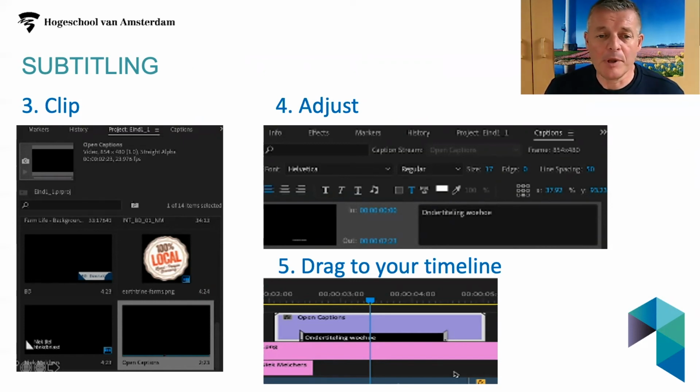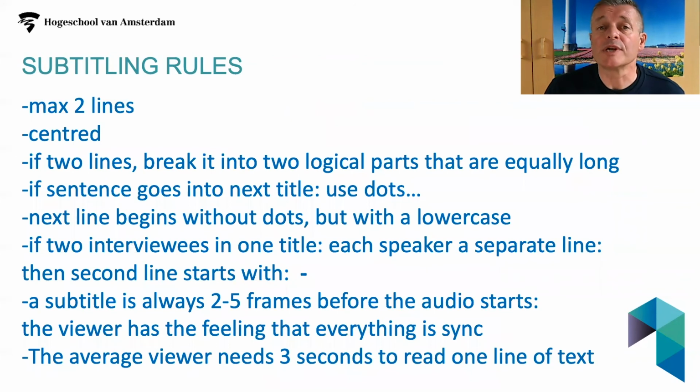And beware, there are certain rules that you have to follow. You can read with me. The subtitling must be maximum 2 lines, always centered. You can arrange this under font.